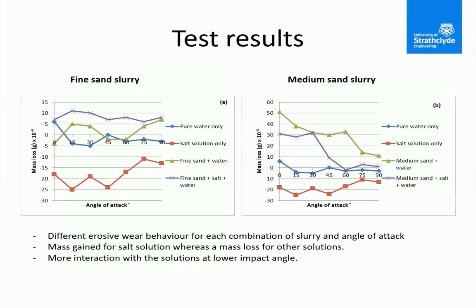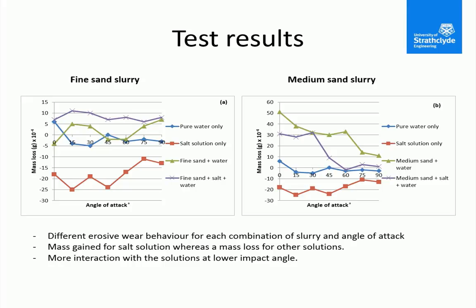Now, these are the results that we've got from the initial testing in the erosion corrosion environment. What we're finding is that in salt solution only we're getting weight gain, and this is for fine sand. If we look at the pure water situation, we get some mass loss.